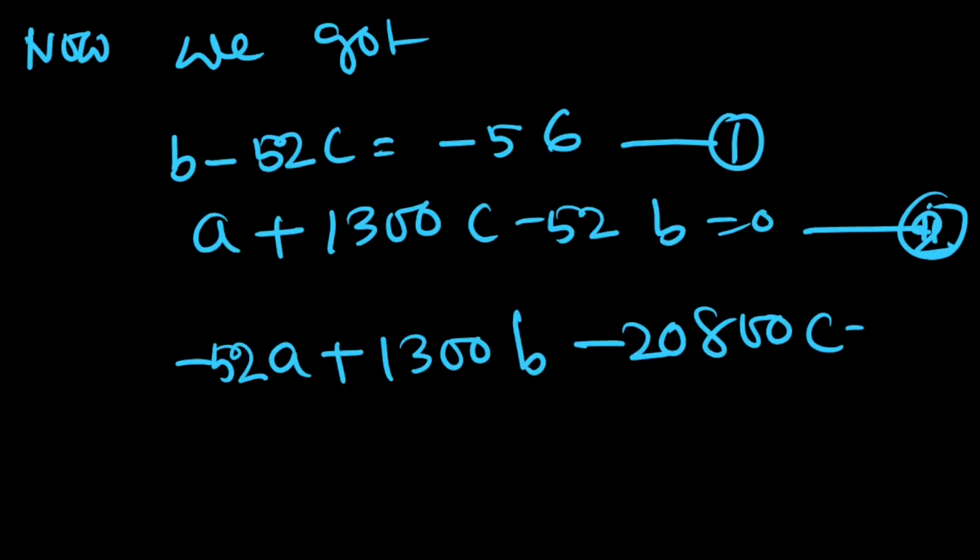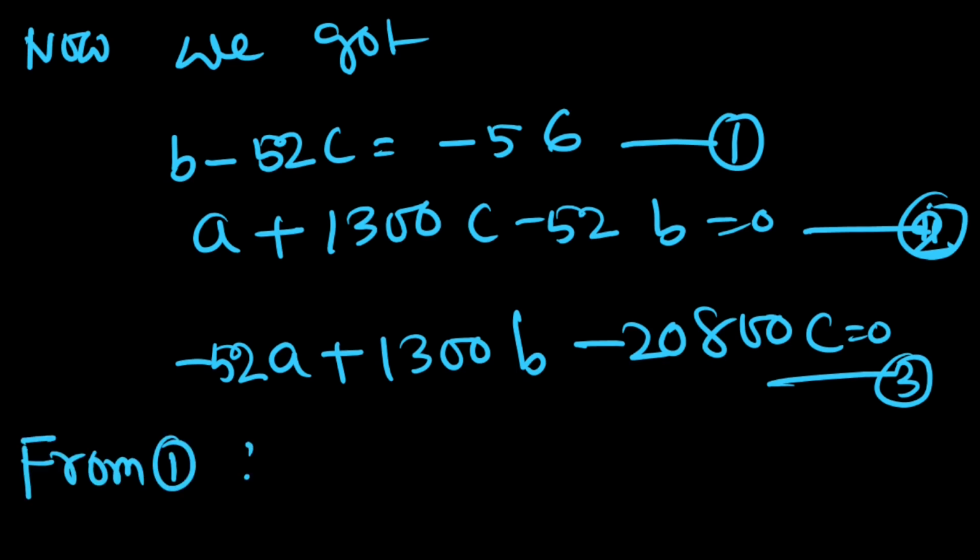We have three equations and three variables, so it is solvable and we can find the values of a, b, c. Now the question is how to solve these three equations. Now see the process. First, from equation 1 we write b in terms of c and put it here, then we get a in terms of c, then put the values of a and b here, and we find the value of c.